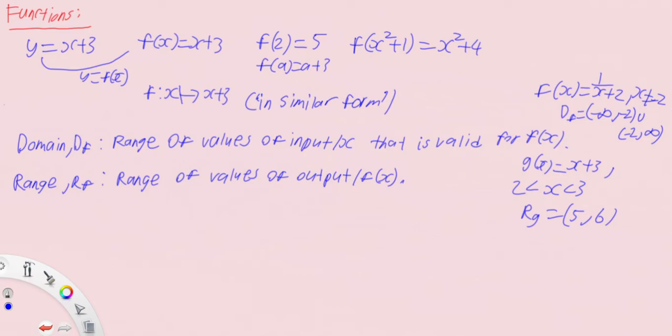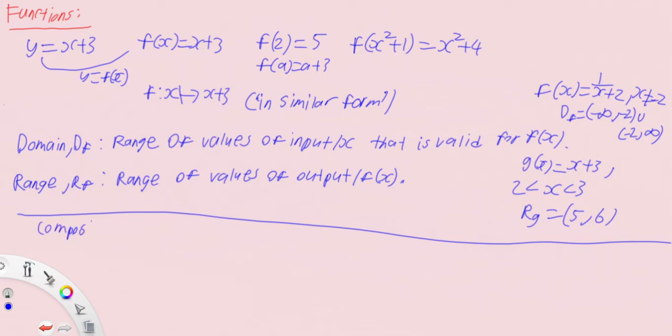Now, lastly, we have what we call composite functions. You can probably tell by the name, it's where we substitute the x with another function or the same function. Not composition, composite functions.